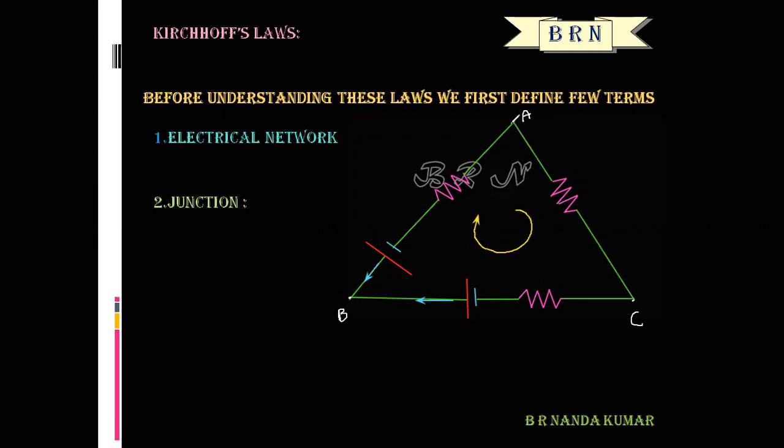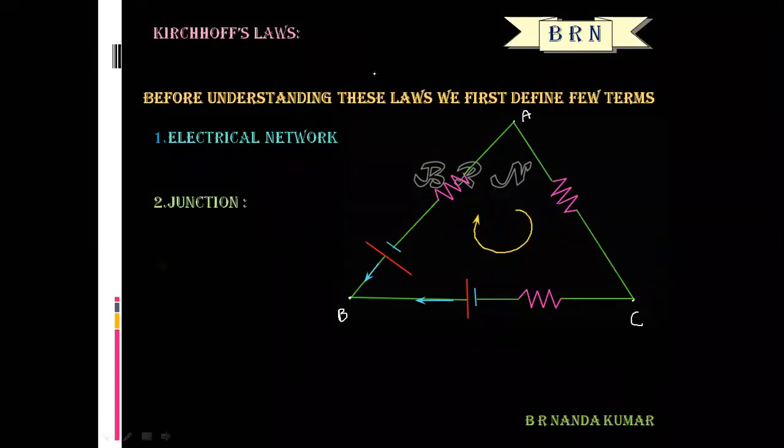What is the meaning of junction? Junction is also called a node. A junction or node is a point at which two or more branches meet. Or in other words, a junction is a point at which more than two conductors meet.